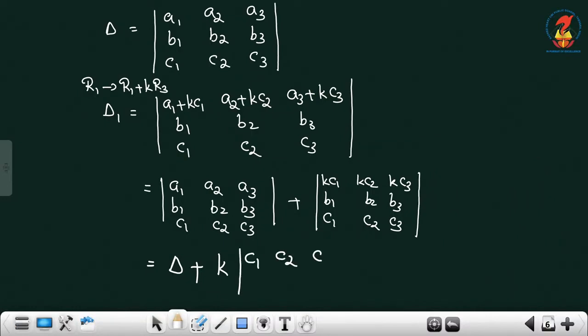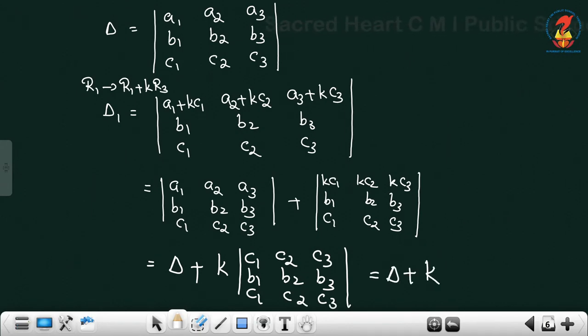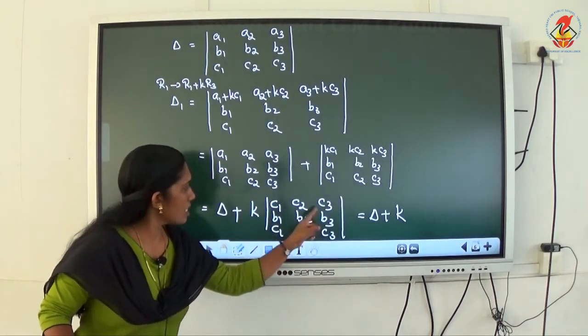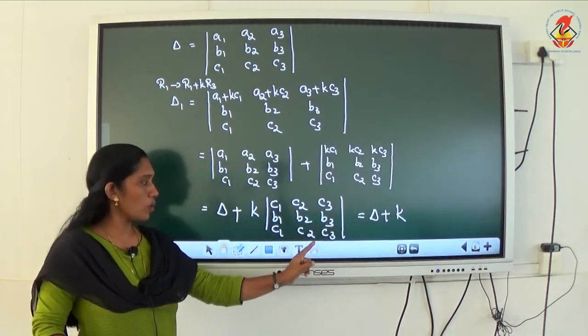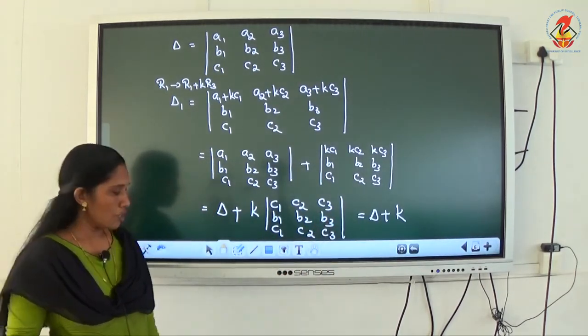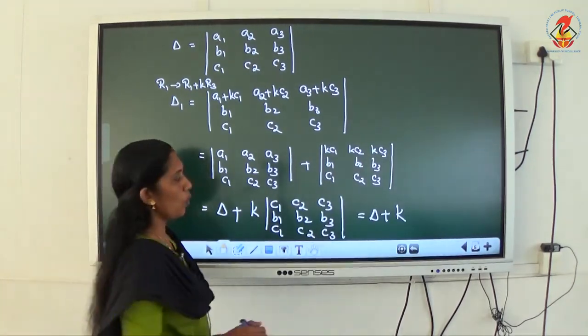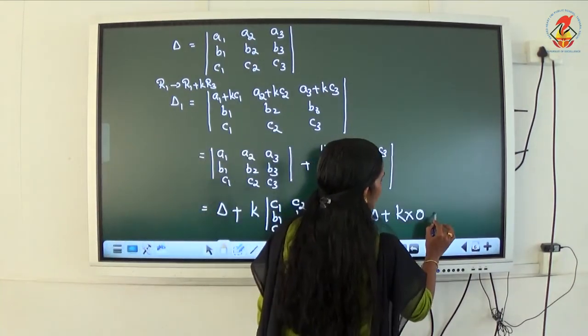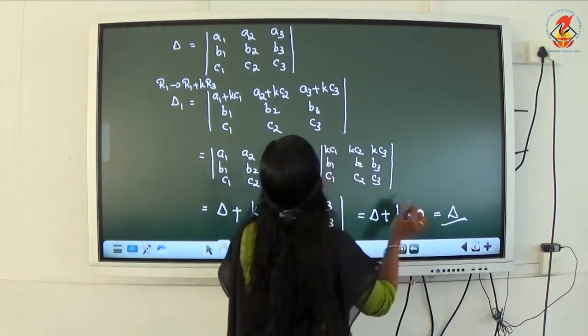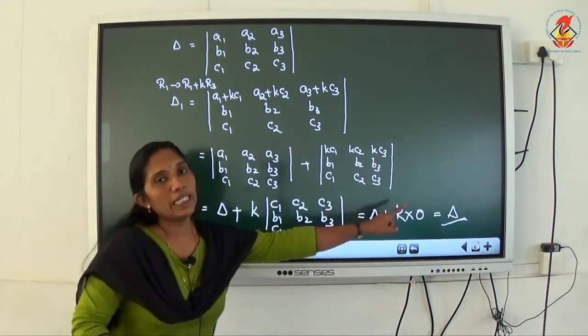So that is equal to delta plus K into, what is the value of this determinant? Here the first row and last row are identical, so by property number 3, its value is equal to 0. So K into 0, that is equal to delta. So delta 1 is equal to delta.